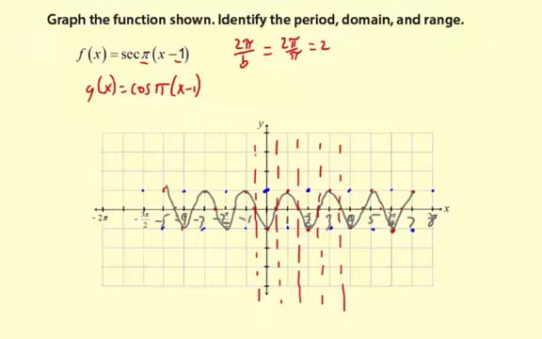And then each local max or min becomes a turning point for the branches of the graph. So essentially that's the graph of f of x equals secant pi x minus 1.